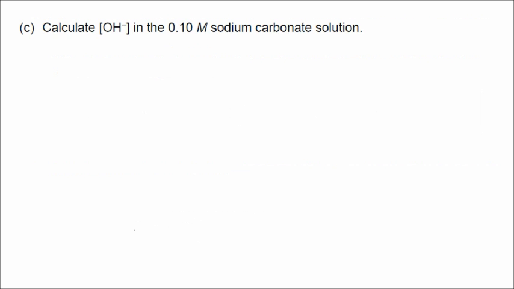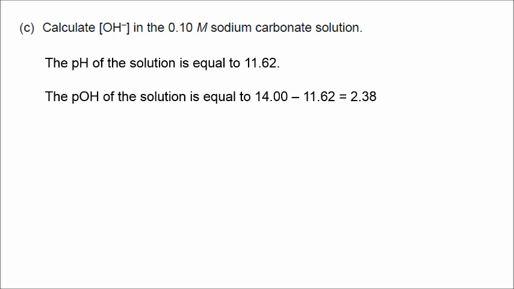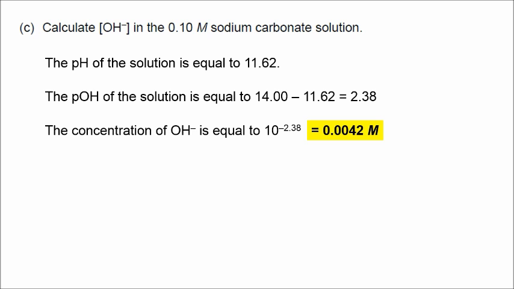Let's go ahead and calculate the concentration of hydroxide. Since the pH is equal to 11.62, we do 14 minus that value. So now we have the pOH, and the concentration of hydroxide is 10 to the minus 2.38, and that works out to be around 0.0042 moles per liter.